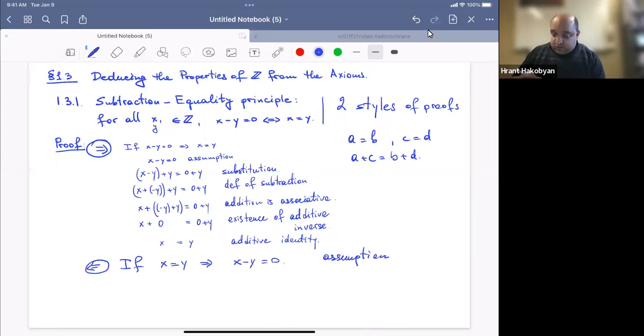So the idea would be to subtract y from both sides. What does that mean? That means you have to add negative y to both sides. So then I'm going to write x plus minus y equals y plus minus y. Again, this follows from the substitution law, right?